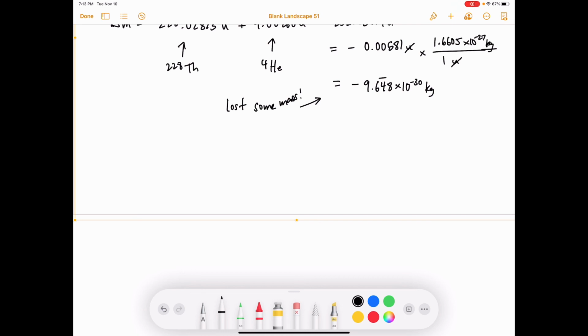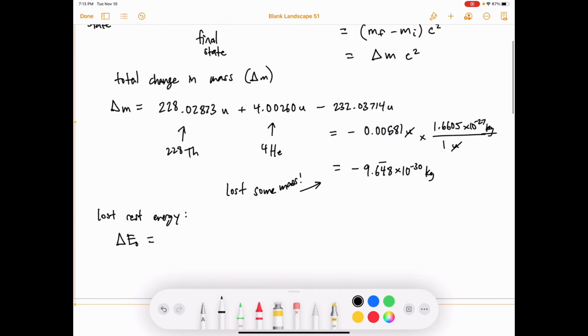And as a result of that, we also have lost rest energy, delta E0, which again is delta M times c squared.